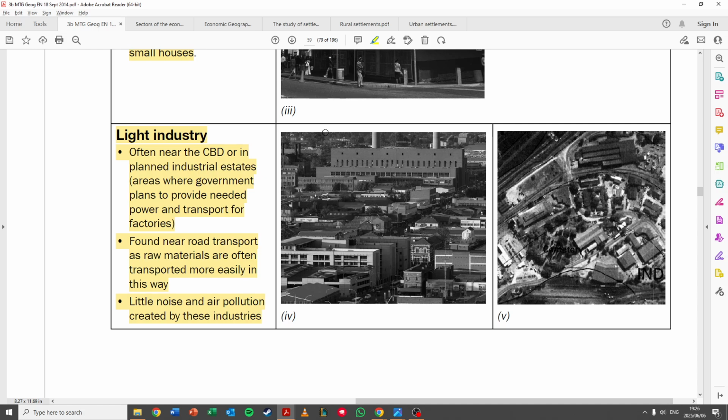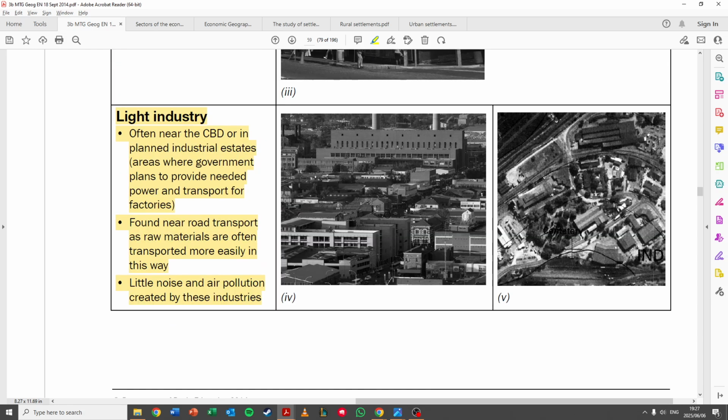A light industry might be something like a bakery. Yes, they produce stuff, but they don't create as much air pollution or noise pollution. So obviously that's a very big difference from something that gets made in a factory, for example.